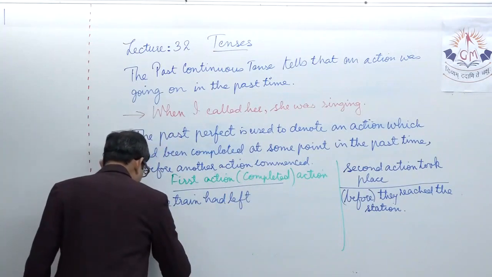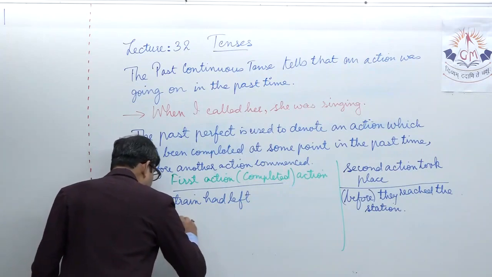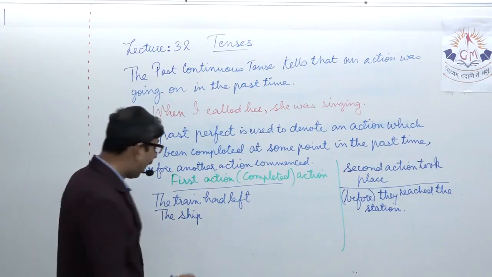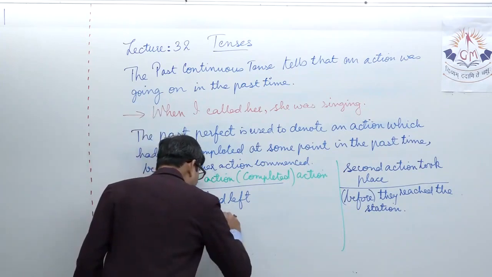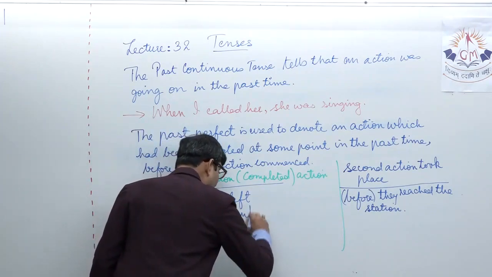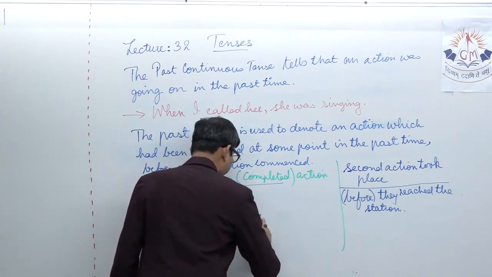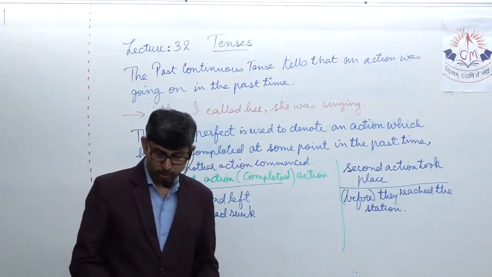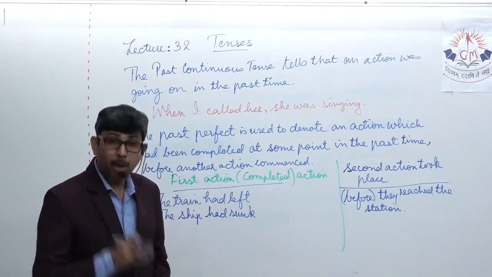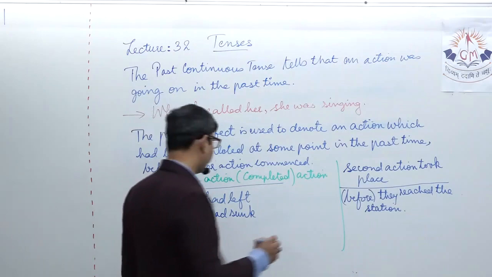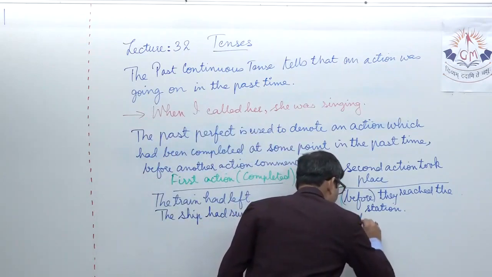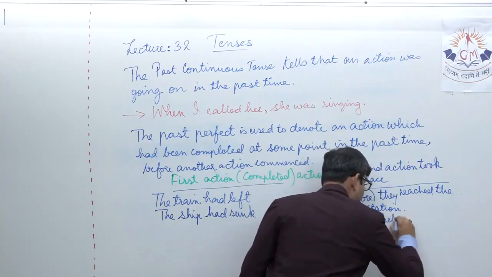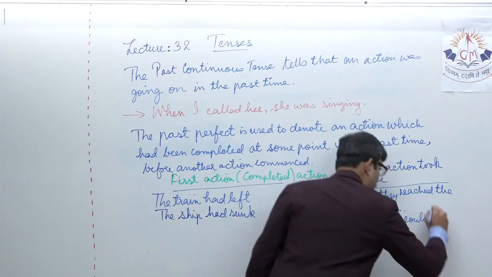Let's see the next one. The ship had sunk, that is the drowning of the ship. The action was already completed. The ship had already immersed into the water, drowned inside. The ship had sunk before help could reach.